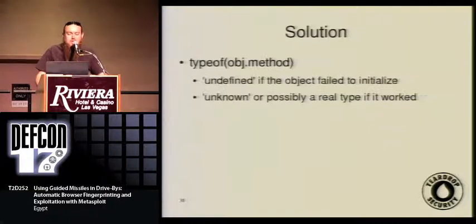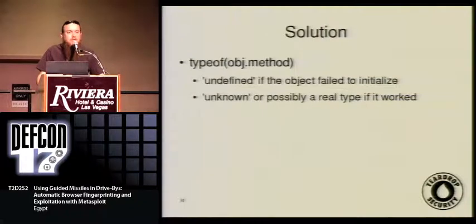Fortunately, for an exploit, we already have to know that. To exploit some vulnerable method, you have to know the name of that method. So all we have to do is check the type of that method on the object. If it's a DOM object, the method isn't going to exist, and we end up with an undefined type.